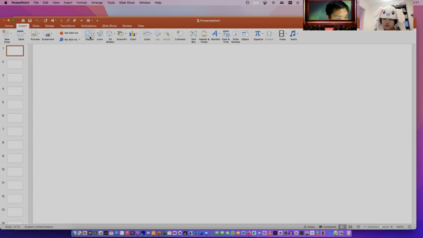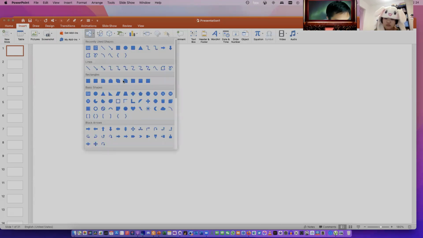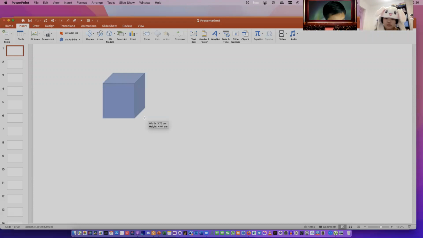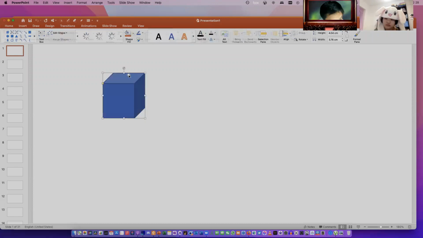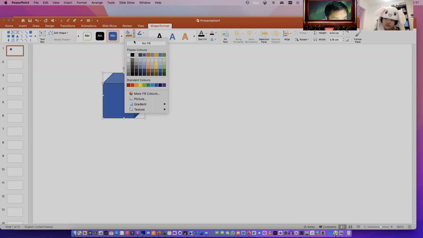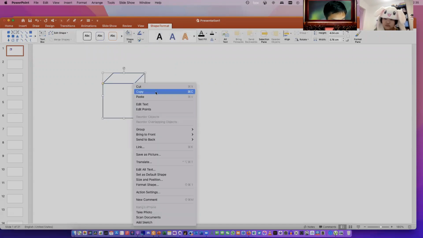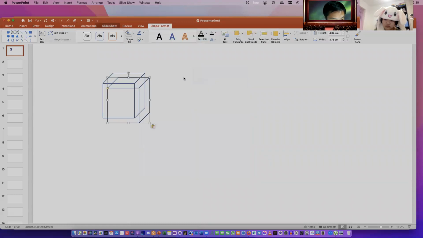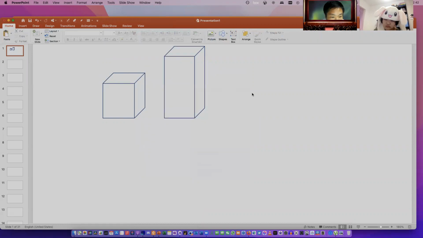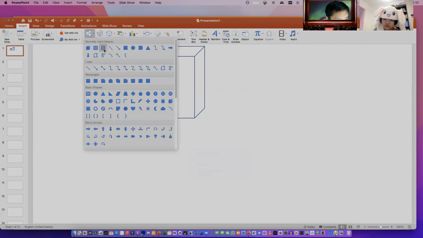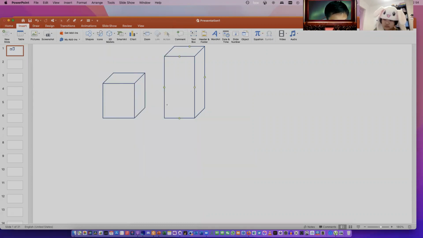Let me start with a similar question first. Let's say you have two containers. You start with this container and you also have another container. You already have some water inside this container.